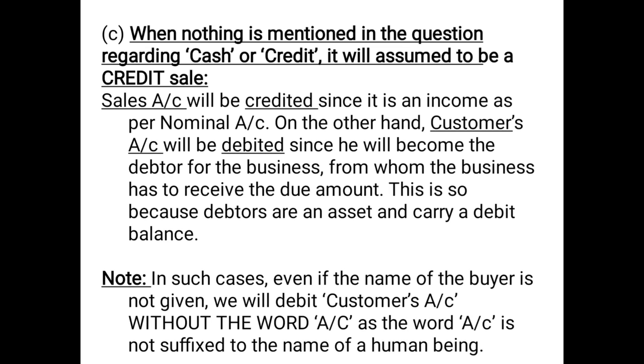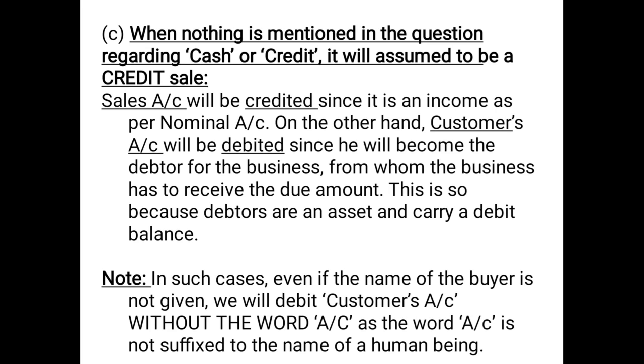So as you can read, sales account will be credited since it is an income as per nominal account. On the other hand, customer's account will be debited since he will become the debtor for the business from whom the business has to receive the due amount. This is so because debtors are an asset and carry a debit balance.